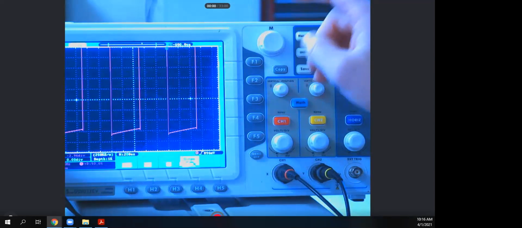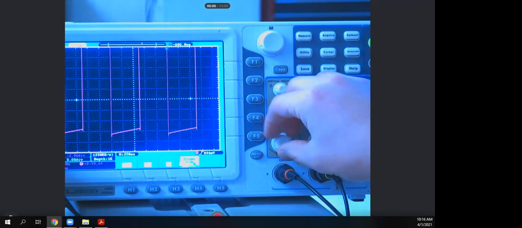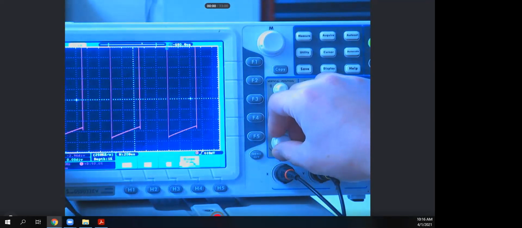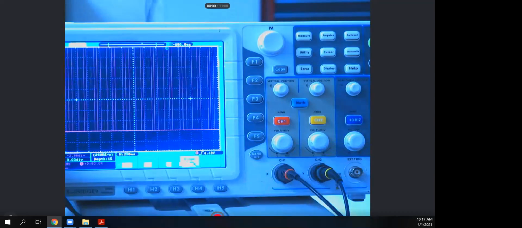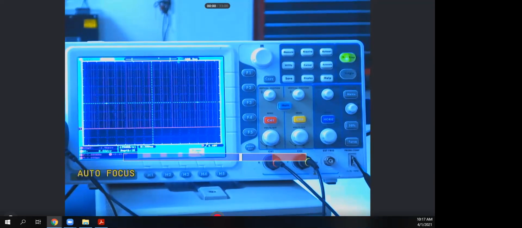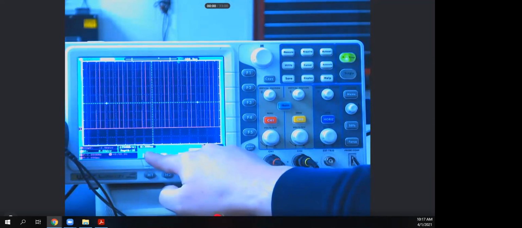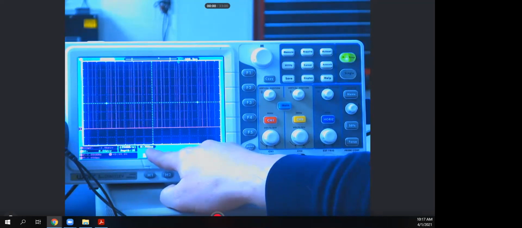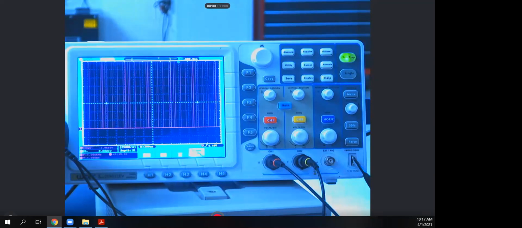I want to be at 500 millivolts, correct? 500 millivolts per division, and I'm at 200 microseconds per division.